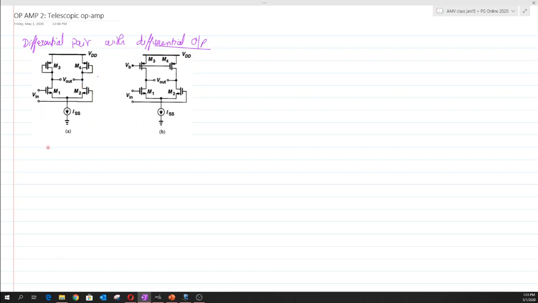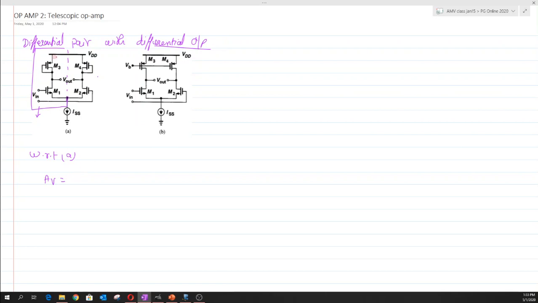First let us talk about the gain of circuit A. As you can see, the circuit is completely symmetric, which means that one could draw a line of symmetry across this and take only one half of the circuit to analyze the differential gain of this particular circuit. We have already discussed all these parameters.